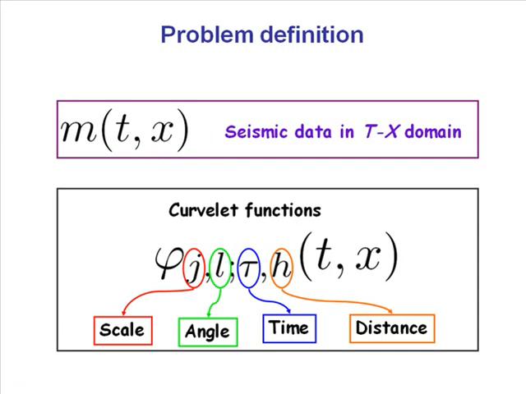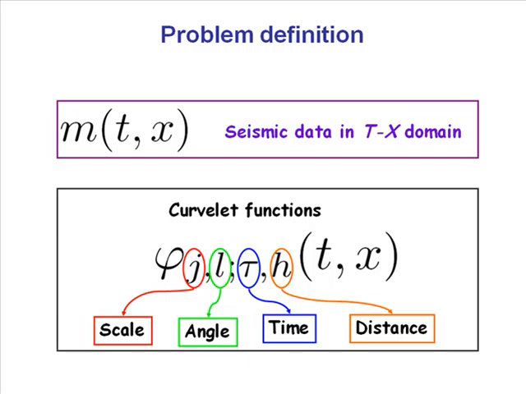So what's the curvelet transform? The curvelet transform is an attempt, if you have data, let's say m, in t and x, this is the seismic data in the TX domain. You try to decompose this data based on four factors: scale, angle, or direction, which we call dip, and time and space. So these are like locality parameters.